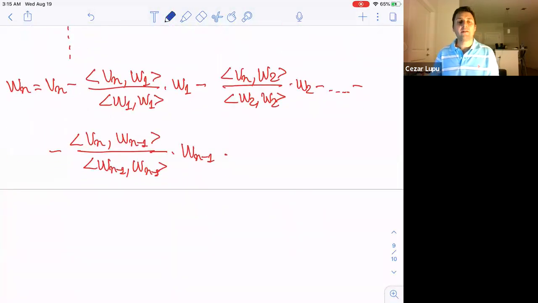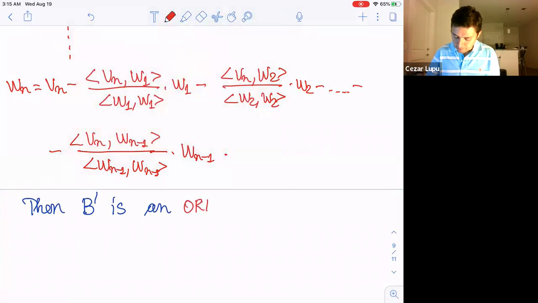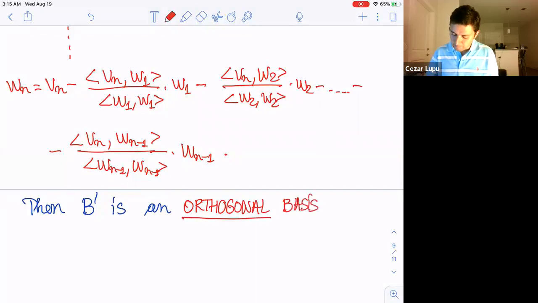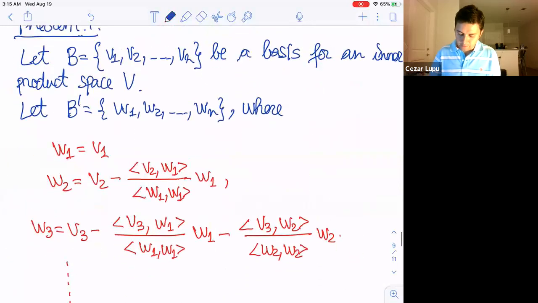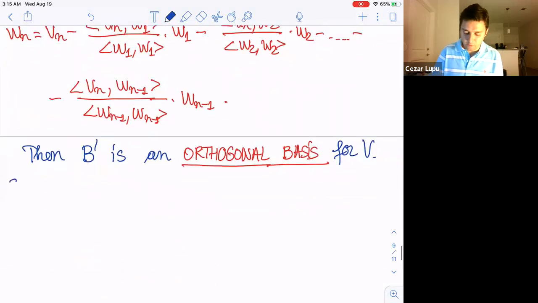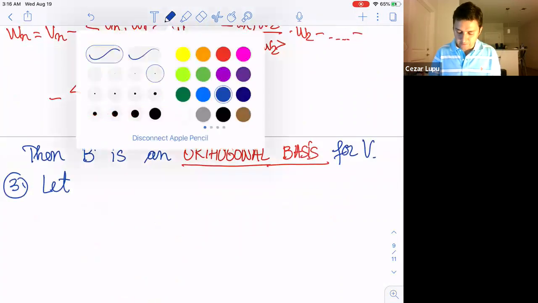In this way we obtain an orthogonal basis, then B prime is an orthogonal basis for V. And now let me call this step 1, step 2, and now step 3. We have this orthogonal basis. We're trying to normalize it. And now we'll consider the following vectors.